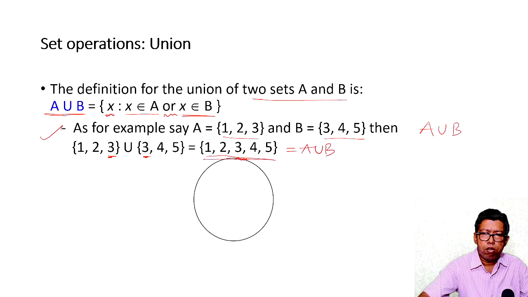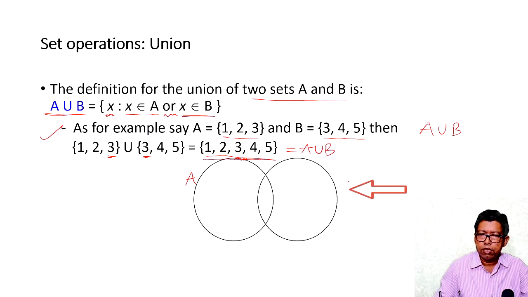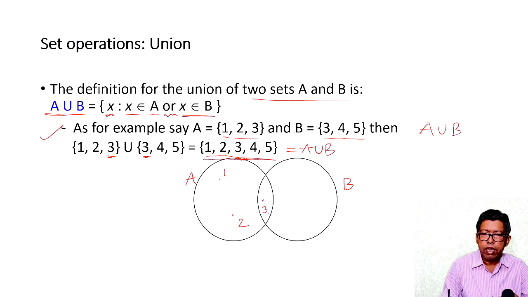By notation also you can find it. Suppose this is the set A, and another set is B. Set A contains the elements 1, 2 and 3, and set B contains the elements 3, 4, 5.